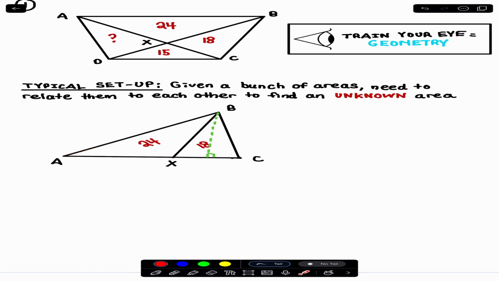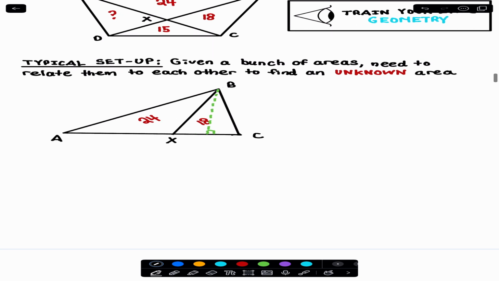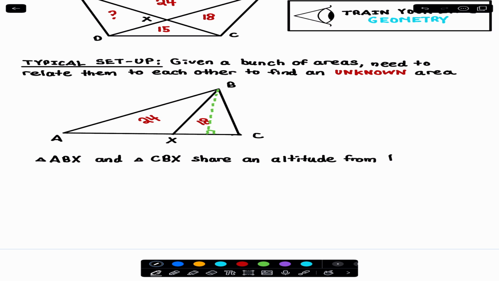If you haven't noticed, I like going in alphabetical order. So these two triangles, triangles ABX and triangles CBX, share an altitude from point B. And I know I said I like to go in alphabetical order, but actually I changed my mind.